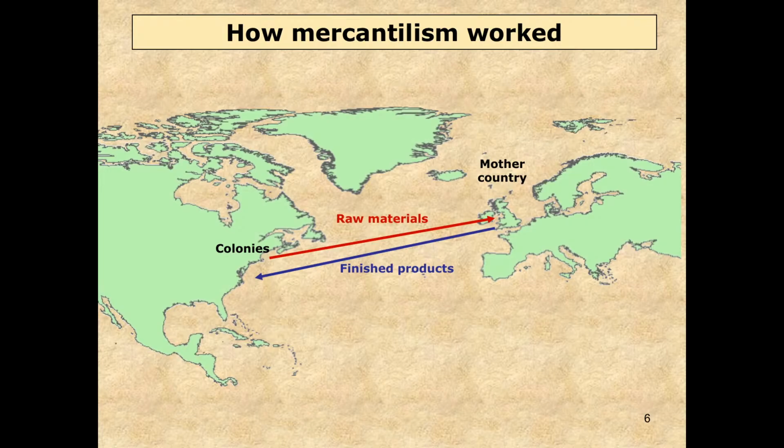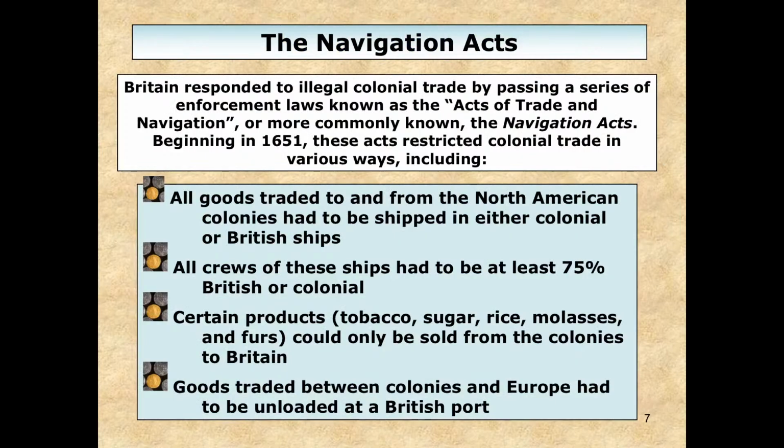So, how we try to enforce this system is through the Navigation Acts. Now, the Navigation Acts came around because of King Charles II. And what we got here is that they're trying to limit trade when you think about it.